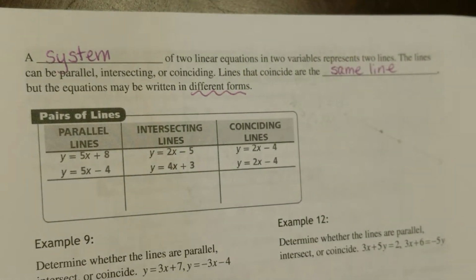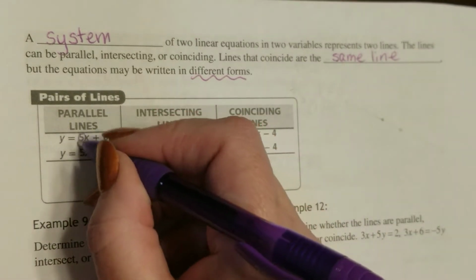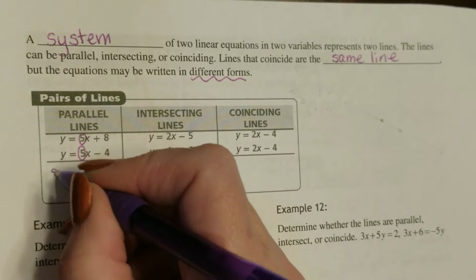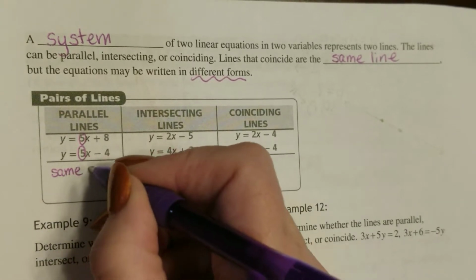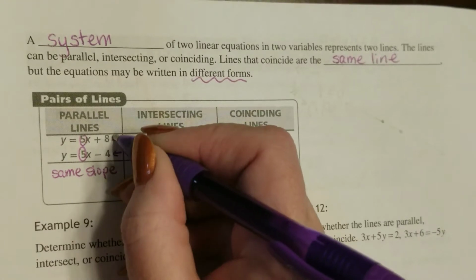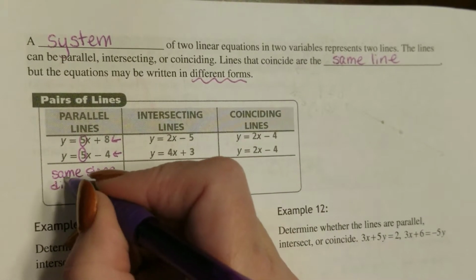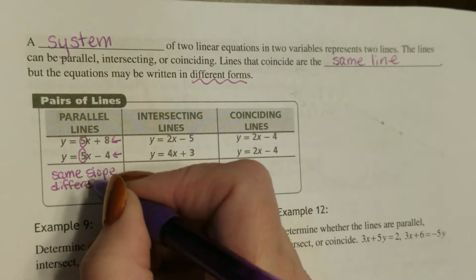So let's take a look at these options. We've got parallel lines. Notice that they have the same slope, but their y-intercepts are different. So different y-intercepts.